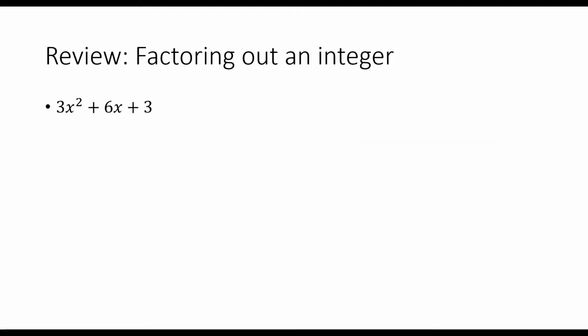Then we have factoring out an integer. So let's say you look at a problem and you notice a specific pattern. I look at this equation and I'm thinking, you know what?